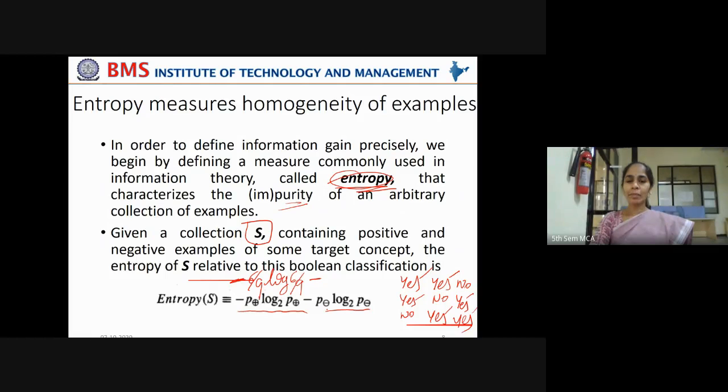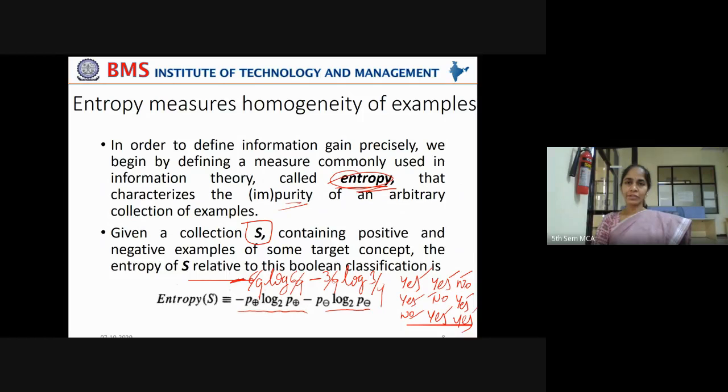Minus, what is the proportion of negative examples? 1, 2 and 3. So you have 3 out of 9 examples as negative examples, or no classes, right? So it is 3 by 9 log 3 by 9. That's all. That is how entropy is calculated.